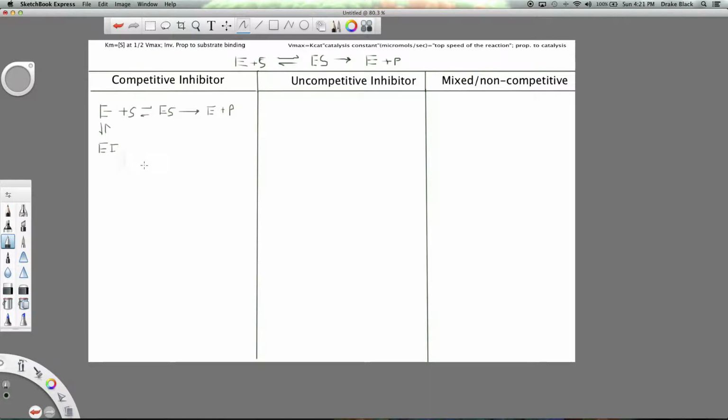It looks kind of like this and this. So this is what's called a double reciprocal plot, or a Lineweaver-Burk plot. It's basically your y-axis is 1 over V naught, and your x-axis is 1 over the concentration of substrate.